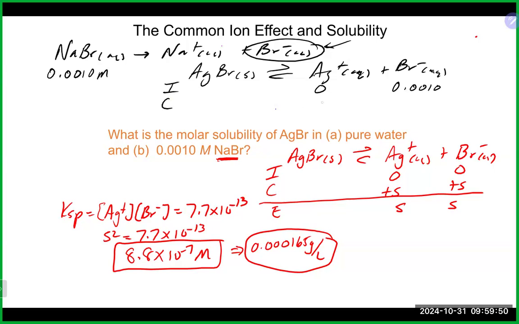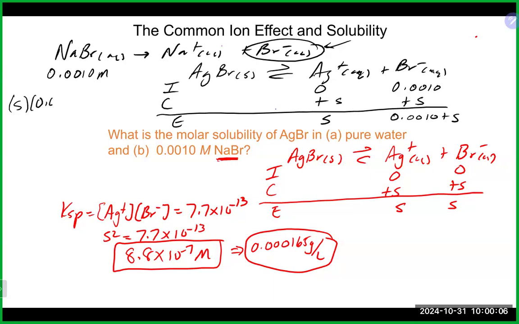The change here would be plus S and plus S. That means at equilibrium, we have S and 0.001 plus S. This again would go into our Ksp expression, and we would get S times 0.001 plus S equals 7.7 times 10 to the minus 13.